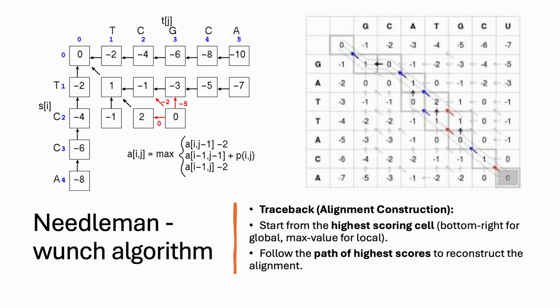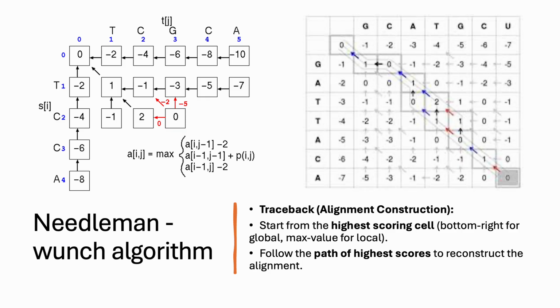The first box of the matrix is initialized with a 0. The first row and the first column are assigned gap penalties, so they will have a negative score of -2, which gets incremented in the adjacent cells. So you can see -2, -4, -6, -8, and -10. In the same way column wise, you can see -2, -4, -6, and -8.